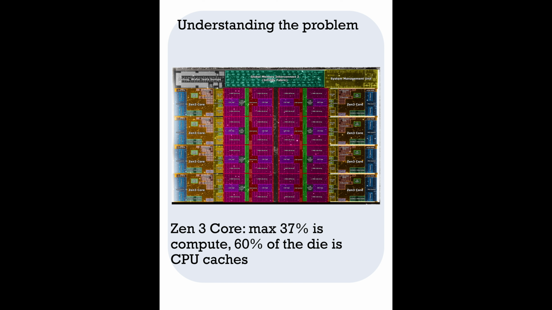So why is there so much CPU cache transistors, and why are they in fact so big? You'll see some discrepancies.